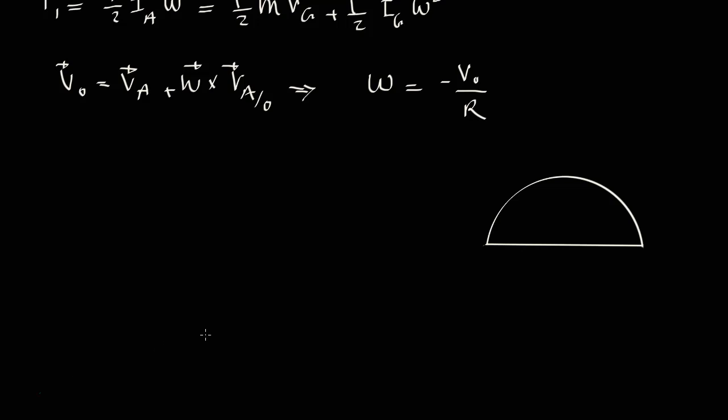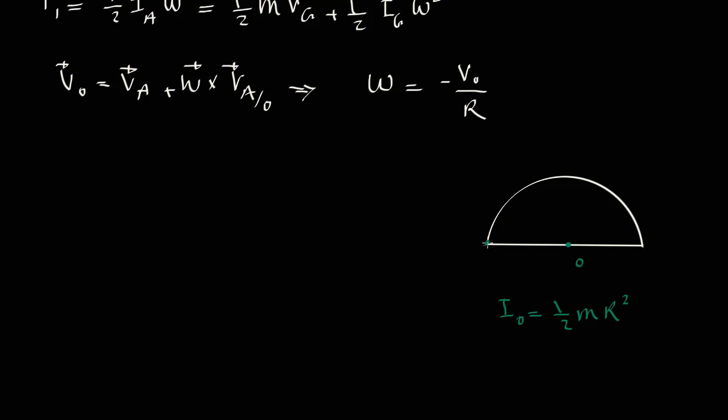And for this half of circle here, let's call this point O. We said that IO is equal to 1 over 2 mr squared. But here we want the moment of inertia at this edge. So let's say this is point A.